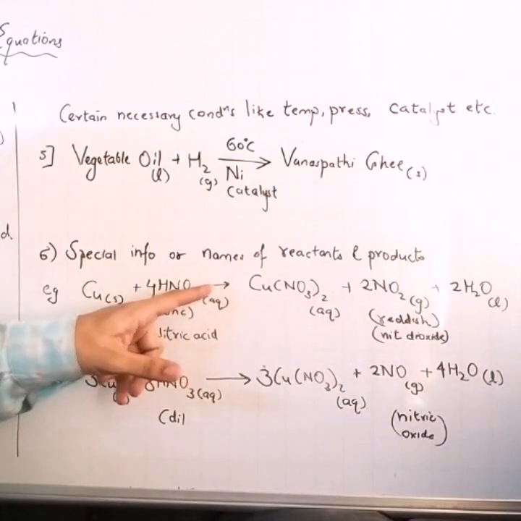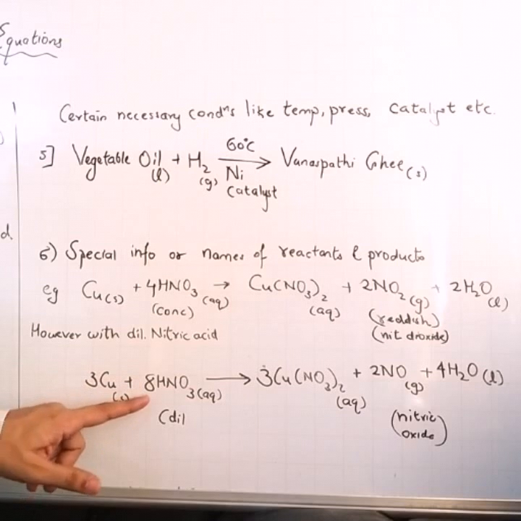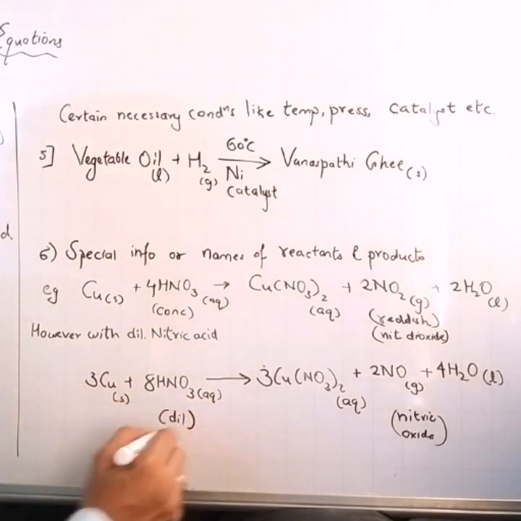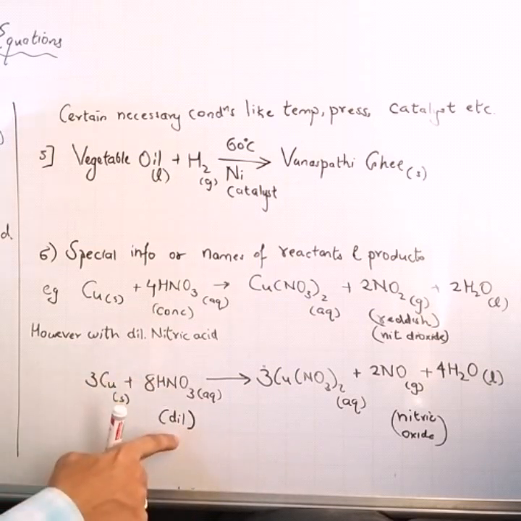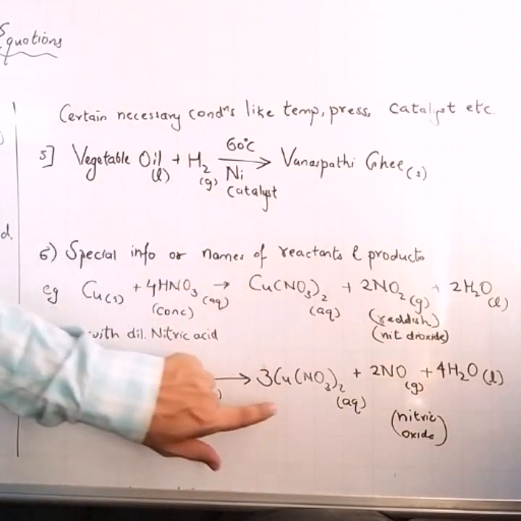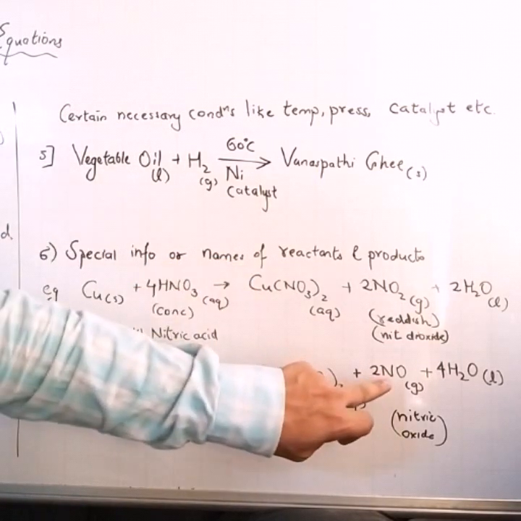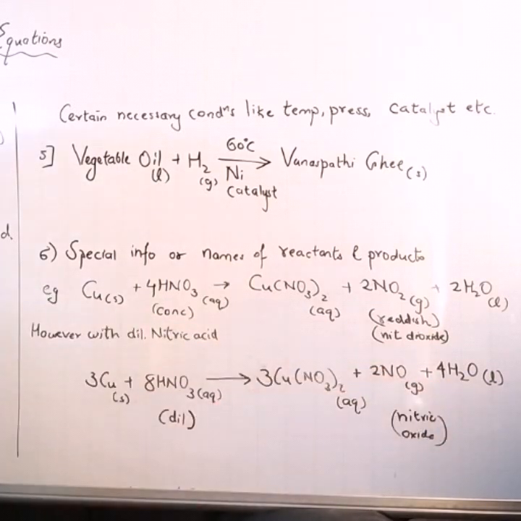Now if the same reaction is carried out, but using dilute nitric acid, then the product is different. Here, when dilute nitric acid is used, 3Cu plus 8HNO3, and below it I have mentioned here it is dilute. What we get is copper nitrate, and nitric oxide gas along with water.